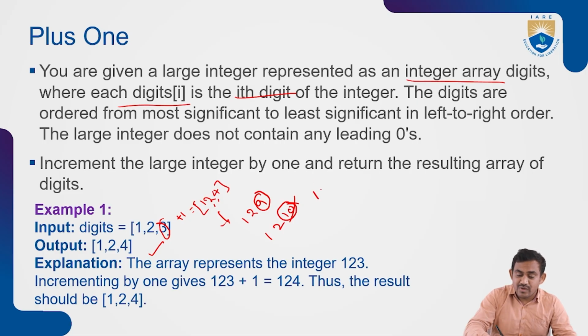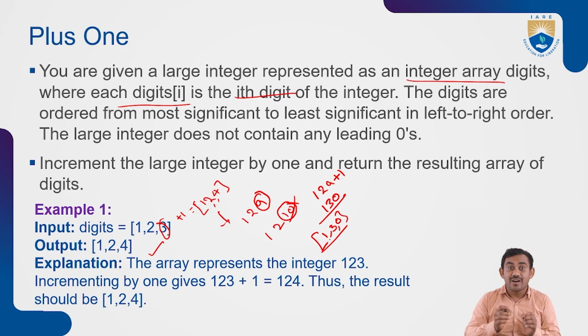That means we have 129 plus 1, and the answer is 130. So we need to return the list 1, 3, 0. This is your output, not 1, 2, 10.